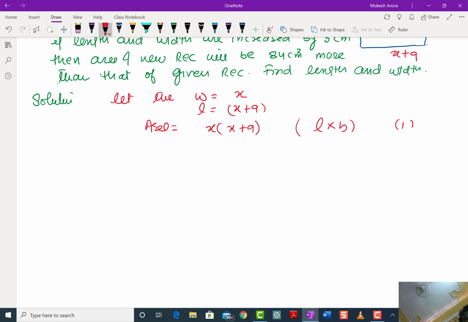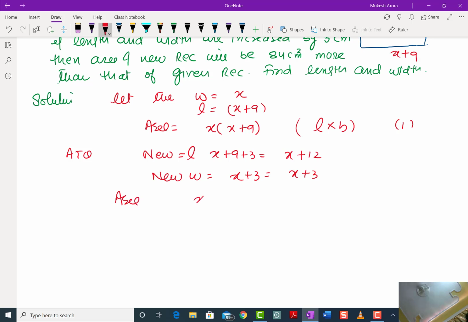Now according to the question, new length is x plus 9 plus 3, that means x plus 12. New width will be x plus 3. New area will be x plus 12 into x plus 3.